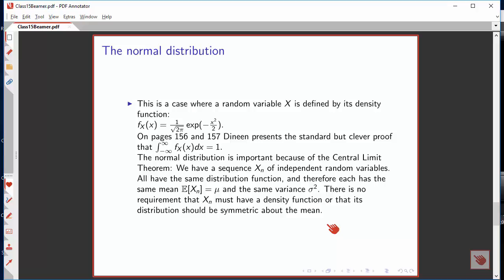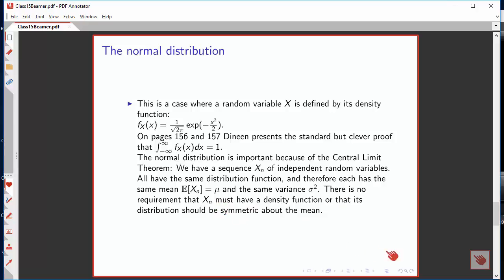There is, in fact, no requirement that X sub n has to have a density function. In particular, it could be a simple random variable, non-zero only for a finite set of possible values. And there's no requirement, contrary to what a lot of people believe, that its distribution should be symmetric about the mean.